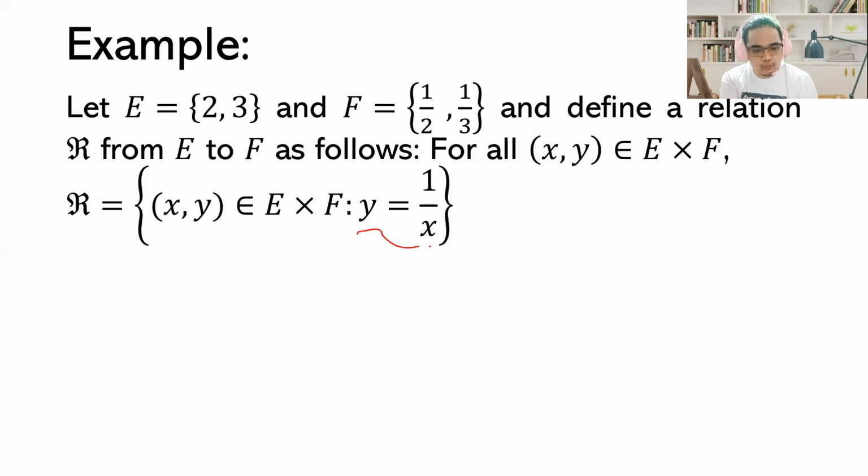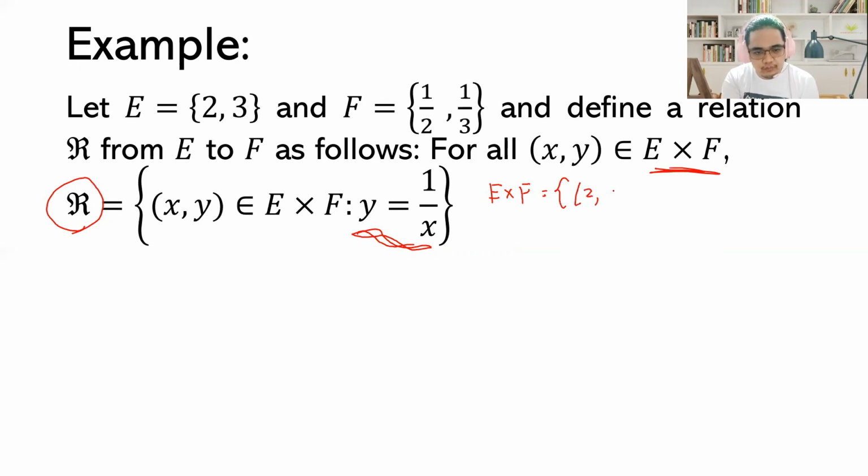Y is 1 over X. Given that R can be obtained from the cross product of E and F. Let's have first the cross product of E and F. So what is the cross product? Right? You just pair E to F.